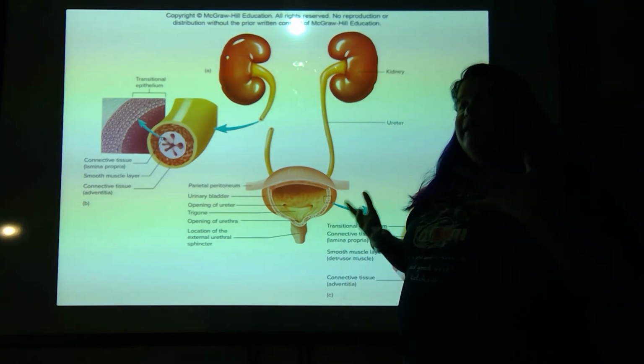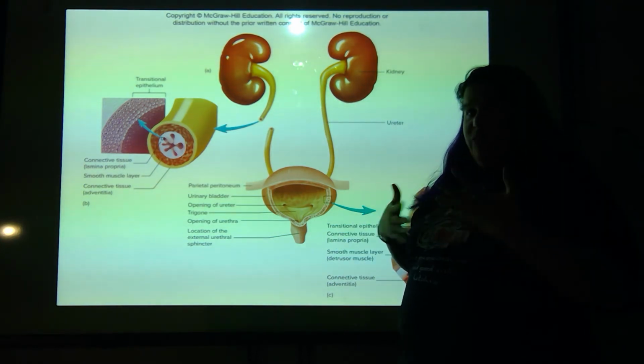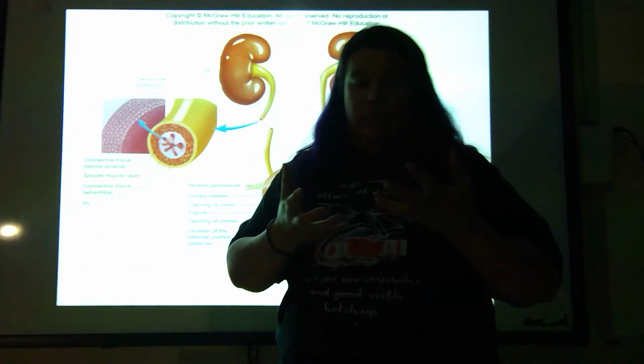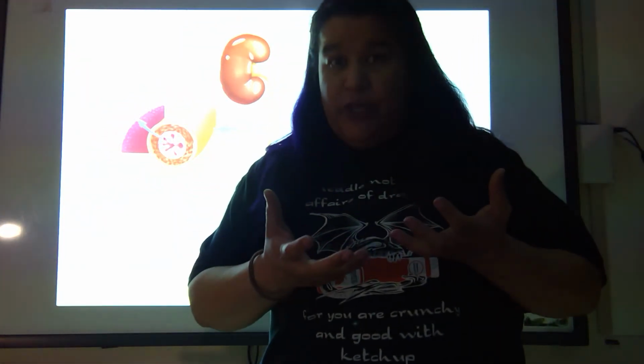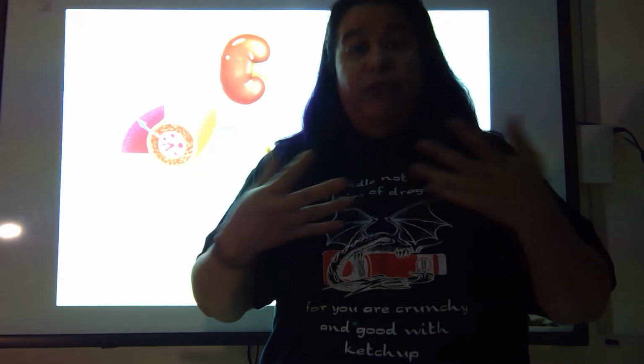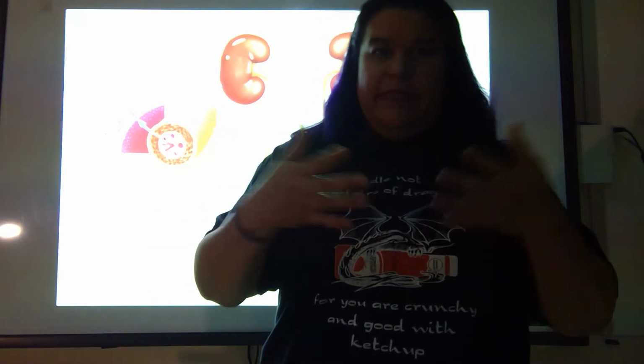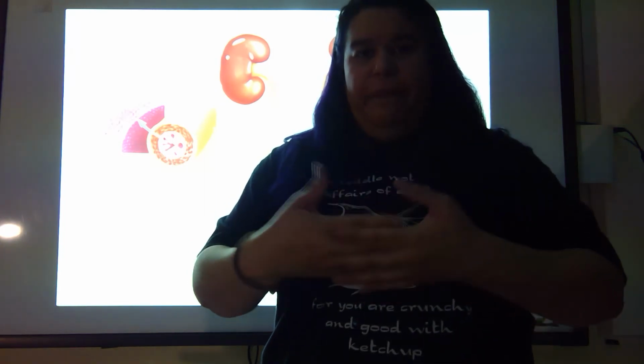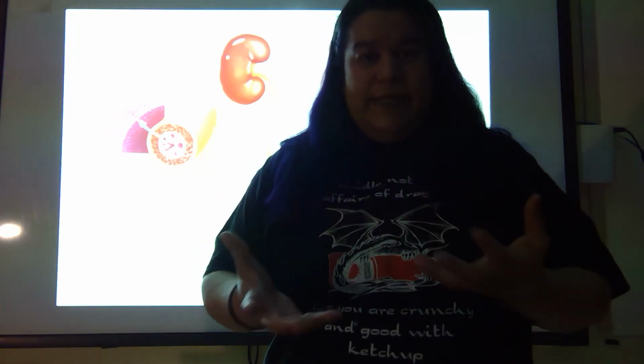The trigone is less elastic than the rest of the bladder. Your bladder is also lined with transitional epithelium. Again, fluid fluctuation. It fills, it empties, it fills, it empties. So having cells that can slide on each other to make more room makes sense.